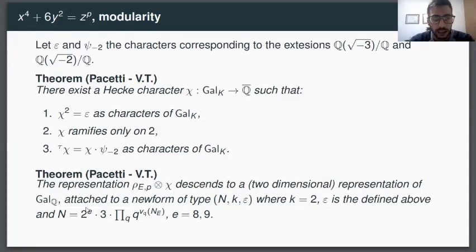Notice that the only primes that appear in the level are those that divide d, in this case d, remember that it was 6, and these primes later will be removed with the lowering the level result. And the first condition says that epsilon will be the nebentypus of the newform.